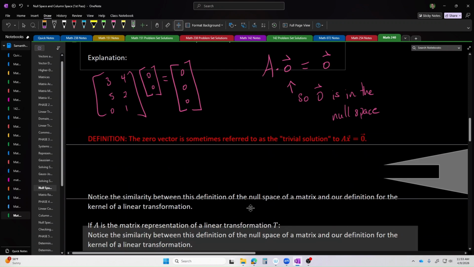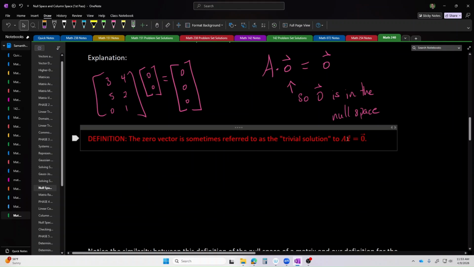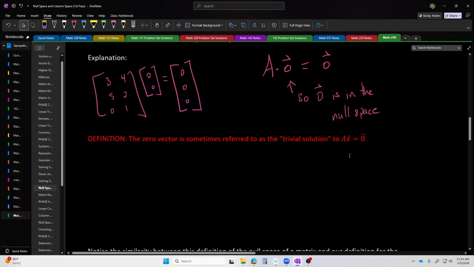Sometimes you will hear some language associated with this fact. If you are thinking about an equation of the form A times some vector resulting in 0, then if you put the 0 vector in X's position, this equation will always be satisfied.